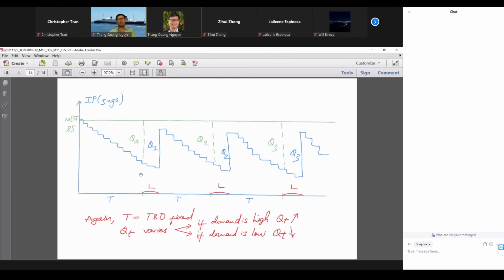So I hope now everybody sees the intuition or the concepts or the rules, the decisions that managers will need to make if he or she follows the FBS system, right? So it's a little bit similar to the FQS model, but the decision is totally going to flip, right?